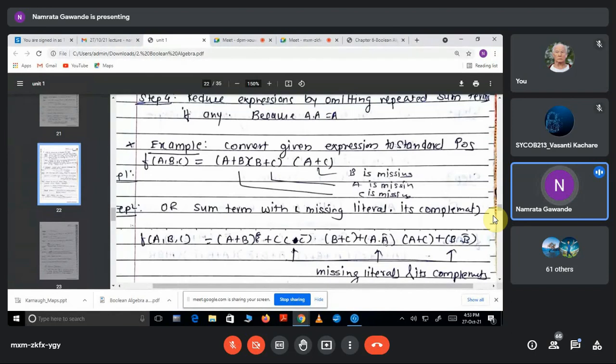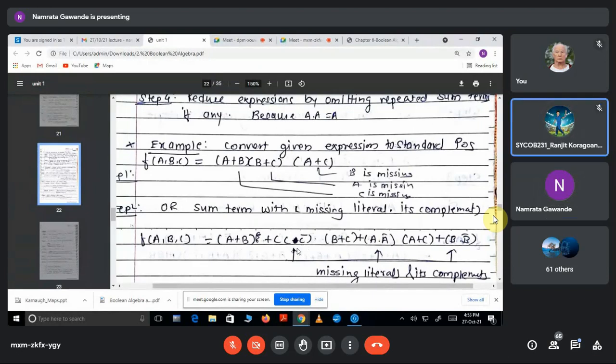Can you tell me, students, what is meant by A dot A bar, or what is meant by C dot C bar? What will be the answer for this? 0. Yes, 0, right? How can you say that A dot A bar equals 0? Suppose A is 1, right?